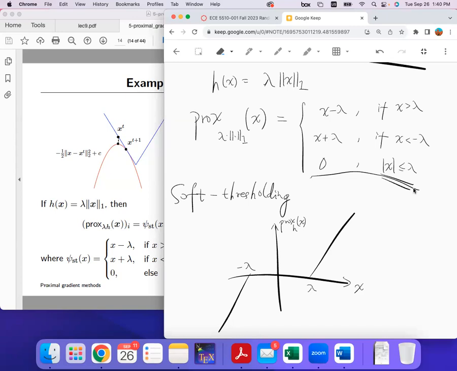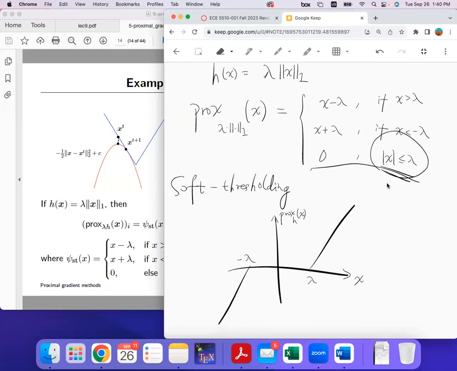So for those entries with small magnitudes, it will remove those entries. So the solution will be sparse, right? That fits our intuition. And for the other entries where the magnitude is bigger than lambda, it will simply shift them by lambda. So it's like reducing the magnitudes by lambda.